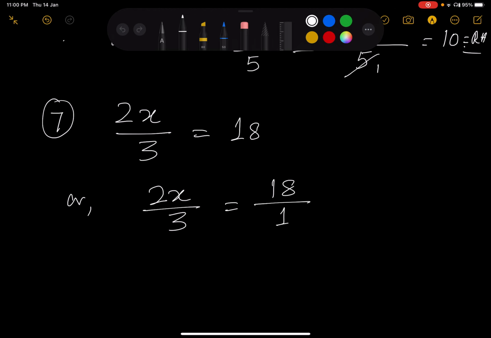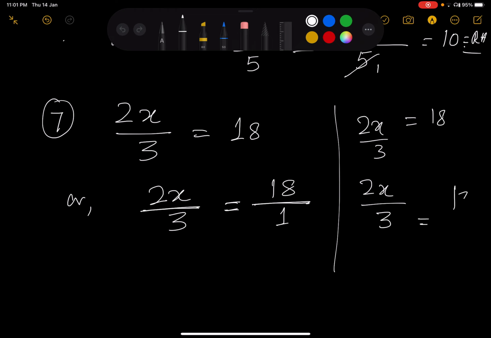So when you write like this kind of equation, always remember that this line which you use for fraction should lie in between this equals to sign, then it is correct. You should not write like this 2x by 3 is equal to 18, not like this, or 2x by 3 is equal to 18, not like this. These are wrong practice.